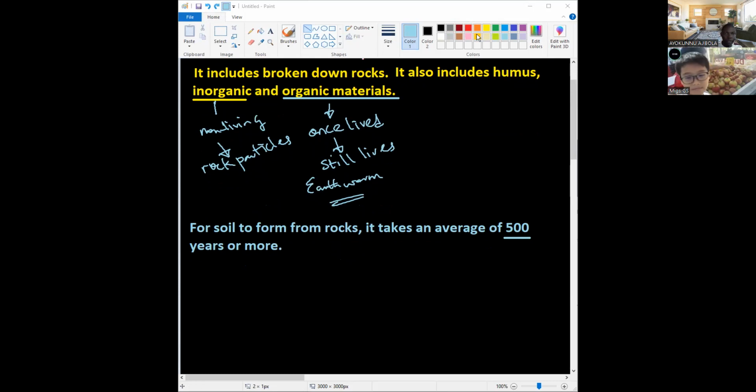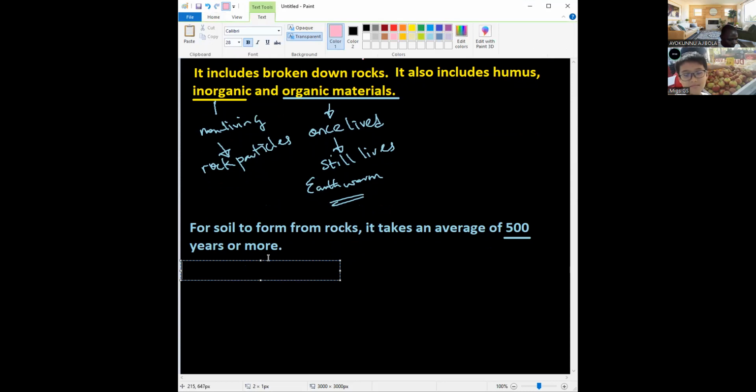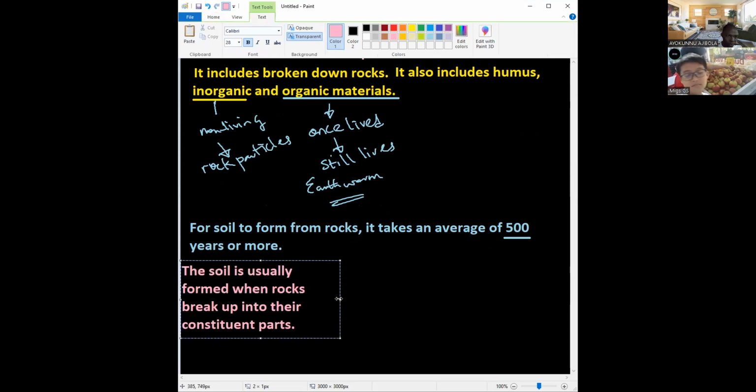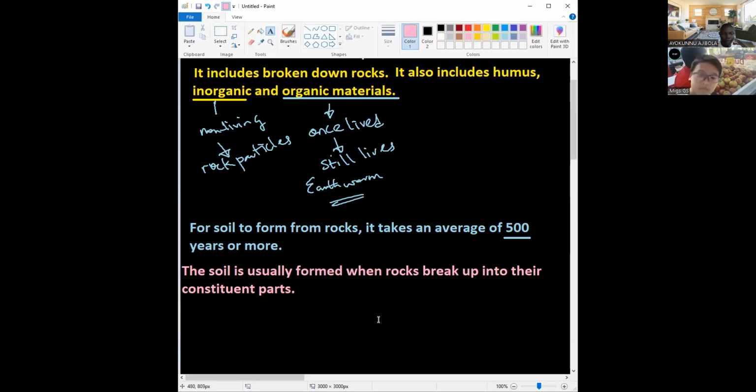A particular kind of rock might contain some mineral nutrients or some constituent part. So when this breaks apart, it forms smaller particles of that kind of rock and it becomes soil. And for rocks to break apart, they must have been acted upon by some forces.